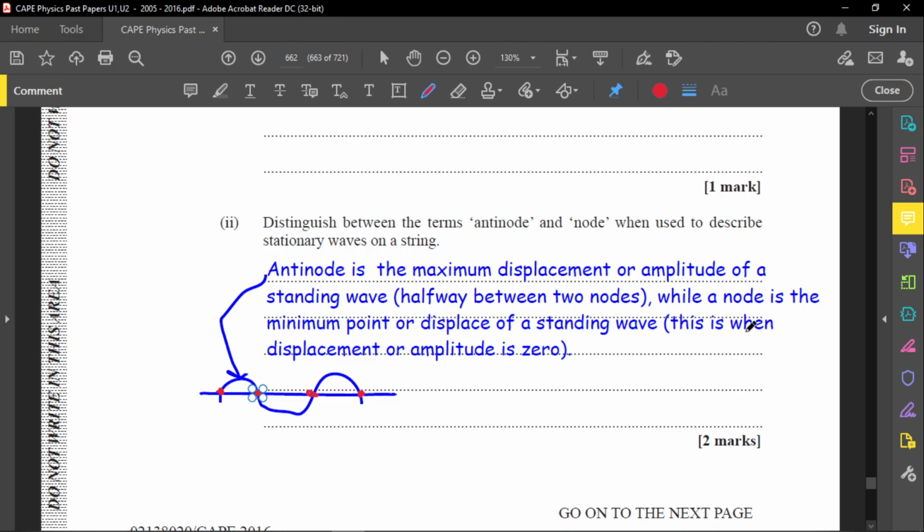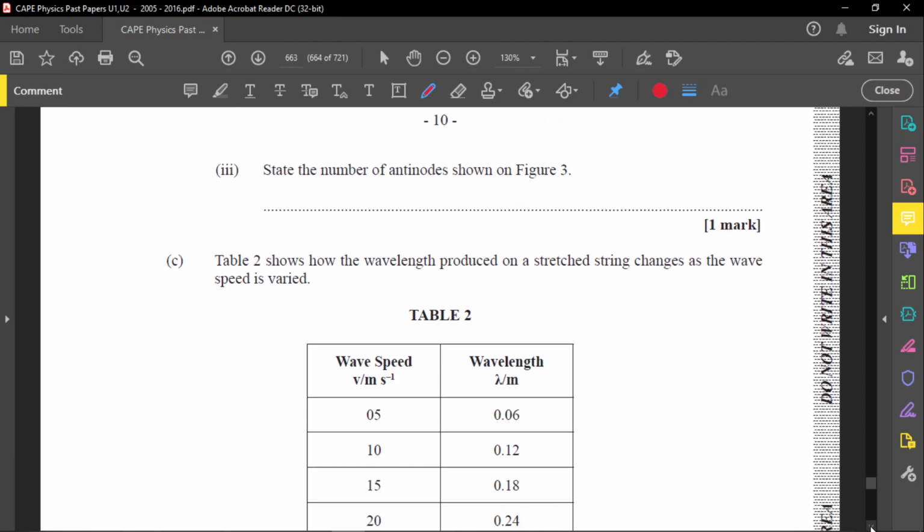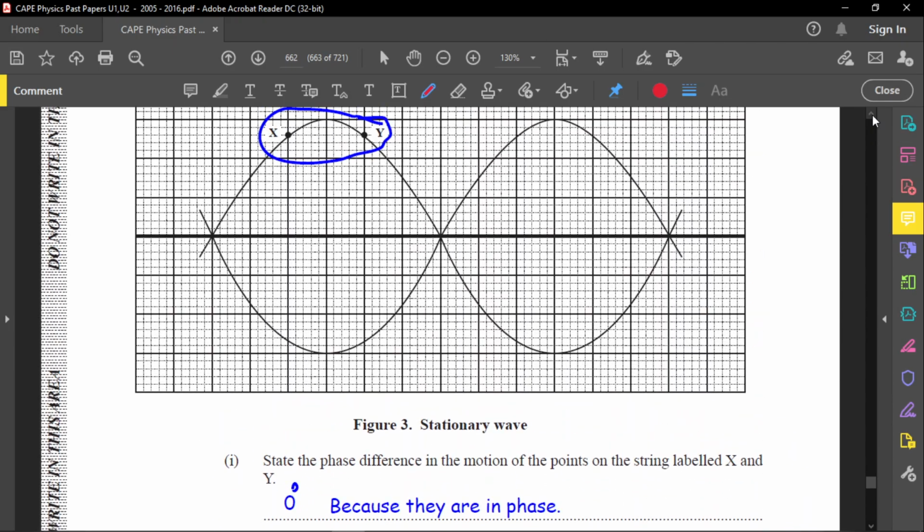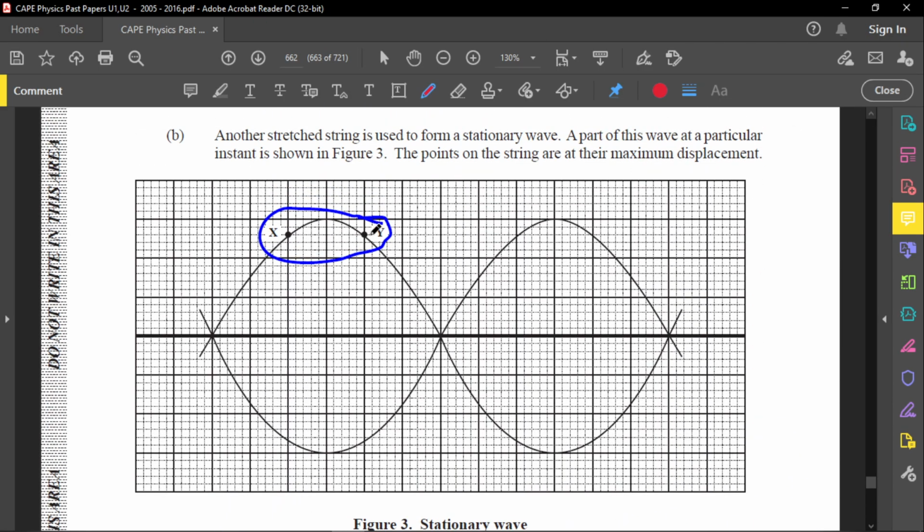Let's go into the next part of the question, which states: state the number of antinodes shown on figure 3. Based on this graph, let's say this is one wave and this is another.